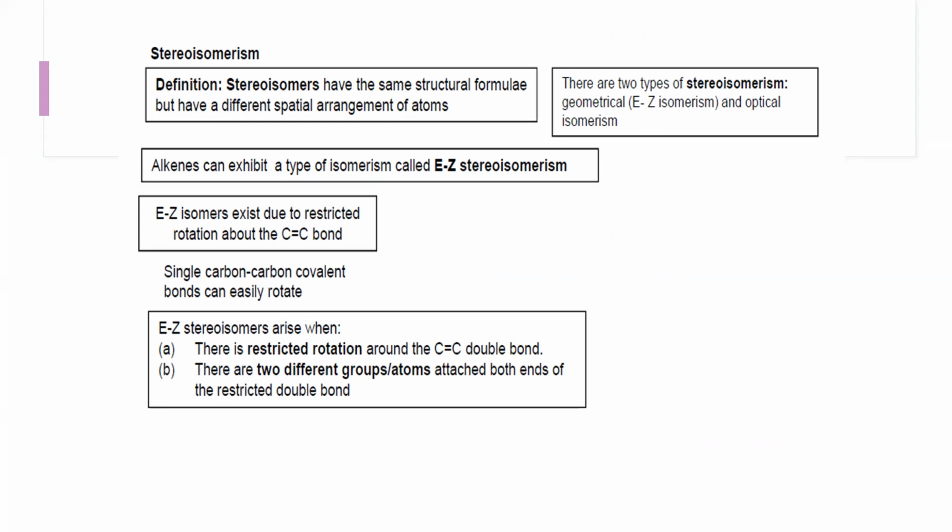E and Z, like cis and trans, in AS, or E and Z. So C double bonded with C. If the heavy groups are attached to the same side of the carbon, and this arises only due to the presence of a carbon-carbon double bond. How does it arise? There's geometrical isomerism.